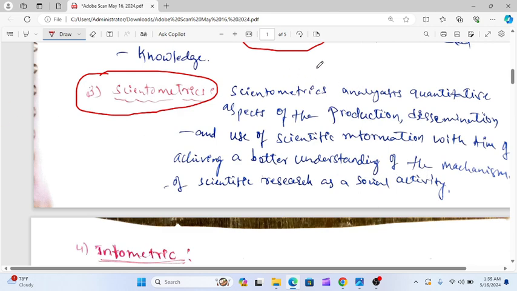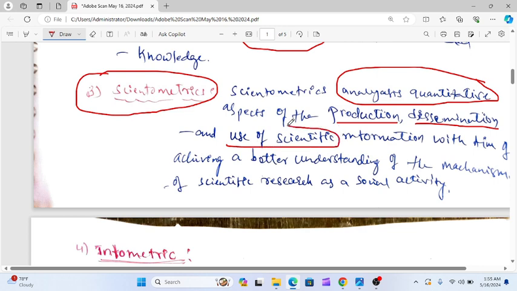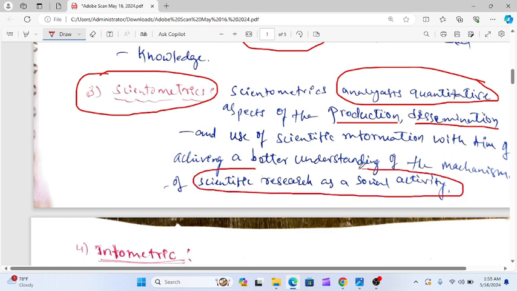So it is again a quantitative study of the production of publications, dissemination of information and usage of scientific information, and how well we are delivering scientific information in the right approach. This is the analysis of scientometric study as a social activity.